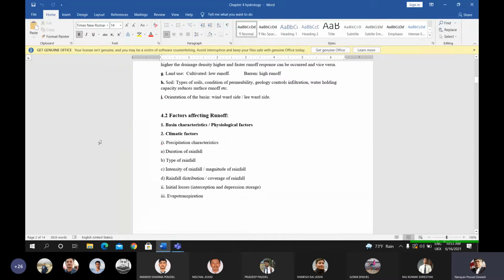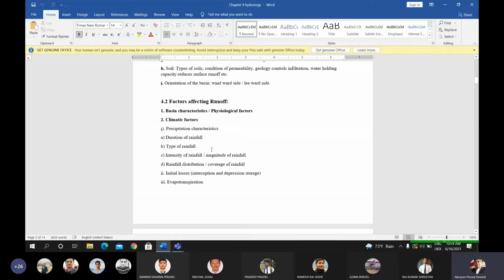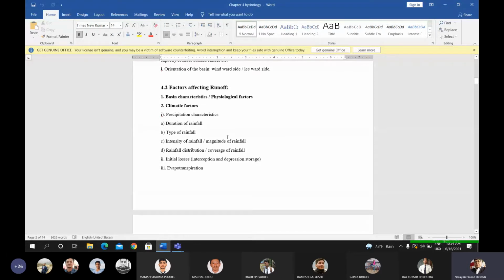For the longer duration of the rainfall, the surface runoff will be ultimately high. And as for the type of rainfall, rainfall or precipitation is of any form. The rainfall can also be classified as heavy rainfall, moderate rainfall, and low rainfall, or drizzle.